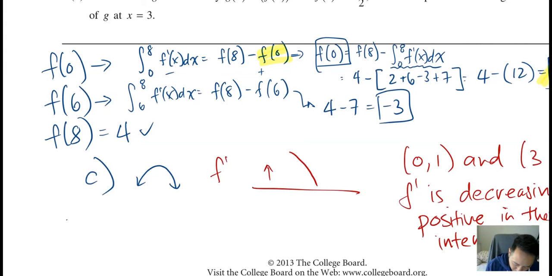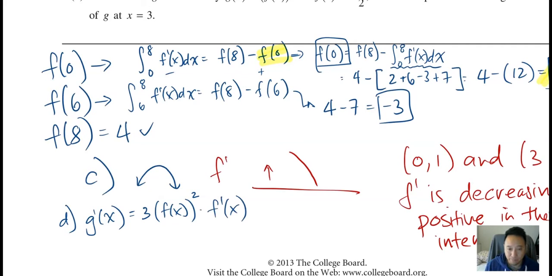So the first thing we need to do is we need a g prime. So g prime of x is going to be, okay, so this is a chain rule, so 3 times f of x to the 3 minus 1, which is 2, times the derivative of the inside, so f prime of x. And so that's my derivative of my g graph, but they want the actual slope at a certain point, at x equals 3. So we want g prime of 3.